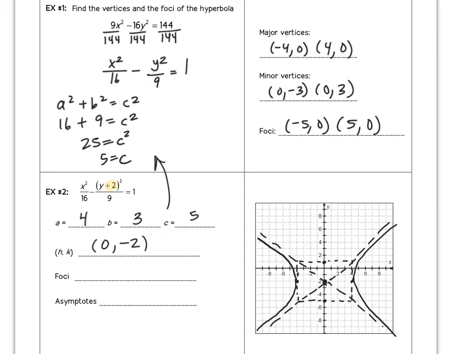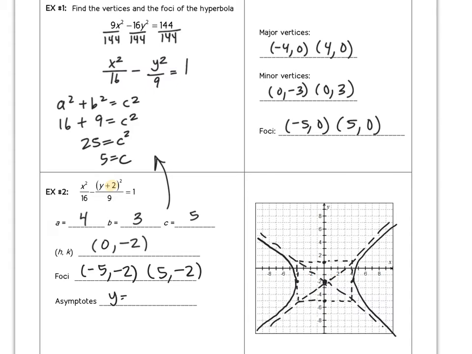It's going to go through the x-axis because x had the bigger number underneath. Okay, so the foci, that's the one with 5. So I'm adding a 5 to the x here. So -5, -2, and 5, -2. I'm adding and subtracting that. Now, when I go to look at these asymptotes, that's the dotted lines I just drew. Remember, you're still doing slope, you're still looking at y = mx plus b.